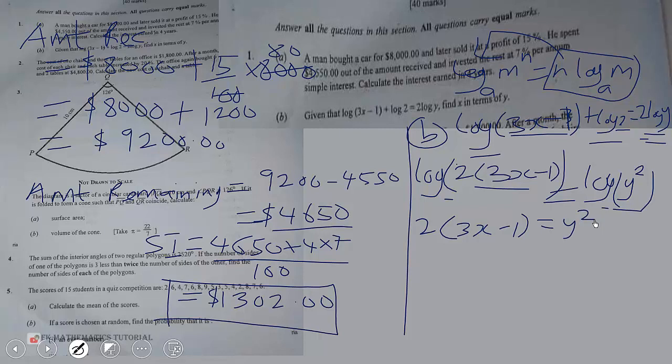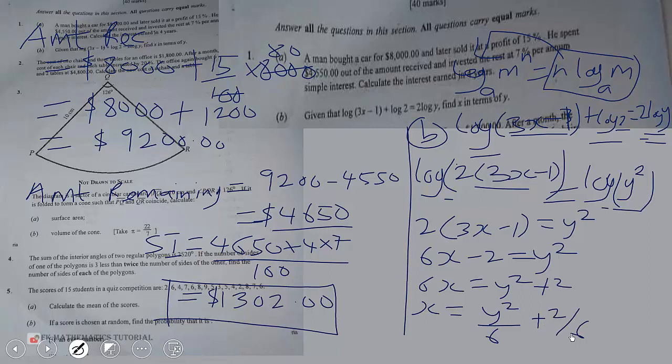So when we expand this, we get 6x minus 2 is equal to y squared. So 6x will be equal to y squared plus 2. So x will be equal to y squared plus 2 all over 6.